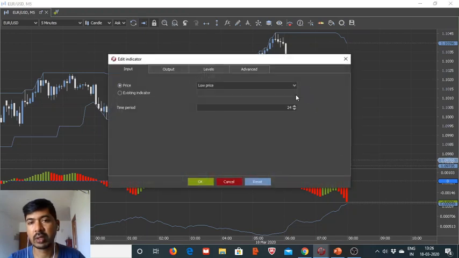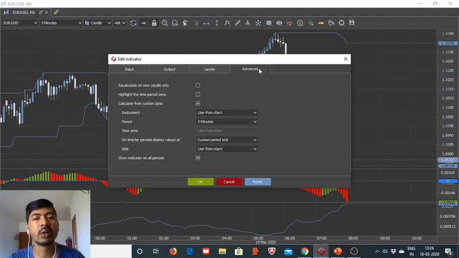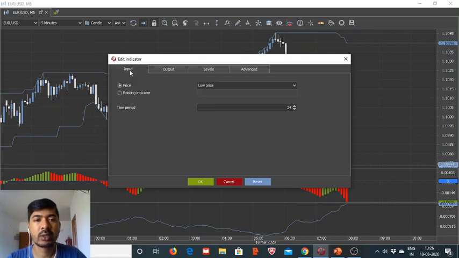And edit indicator, output, advanced. This is defined for 5 minutes, and what we will do, we will change it. And as you notice, that is defined on 5 hours.